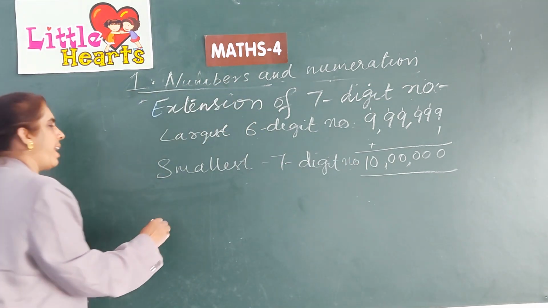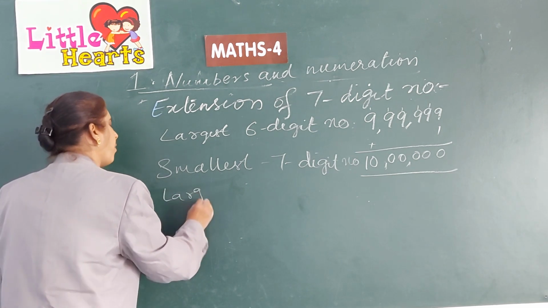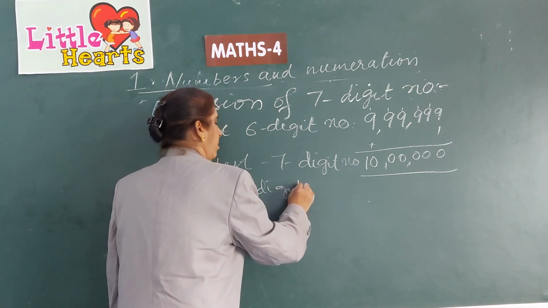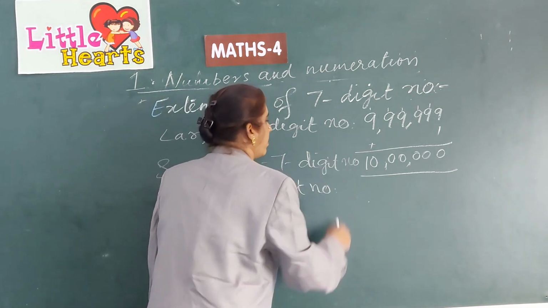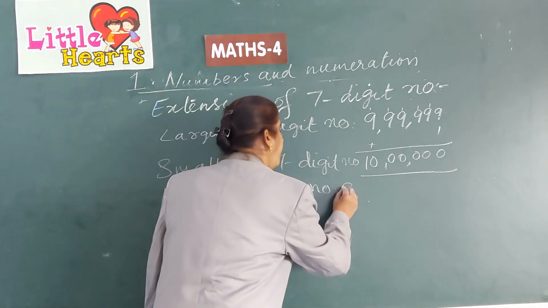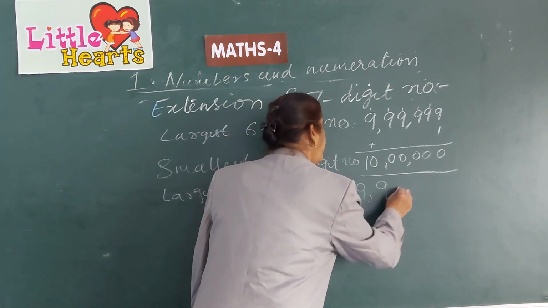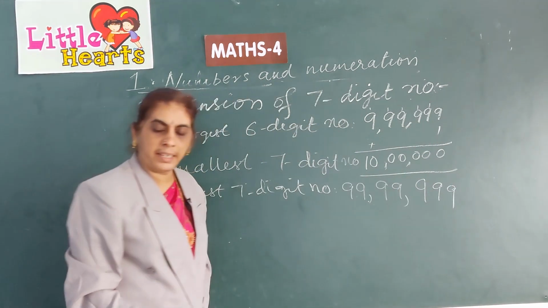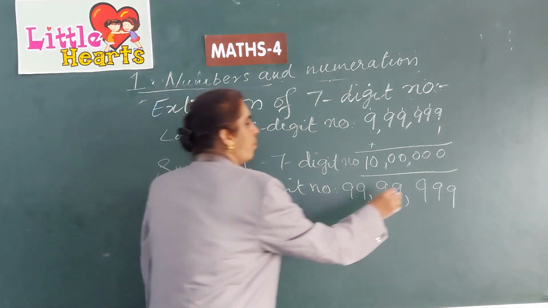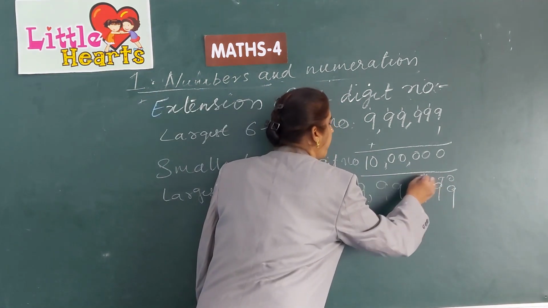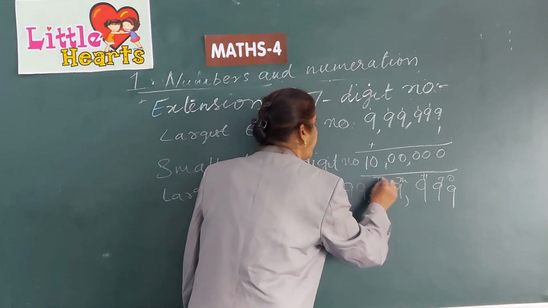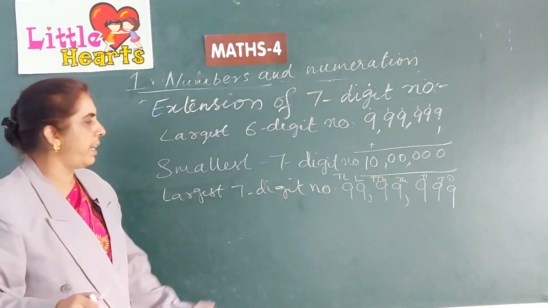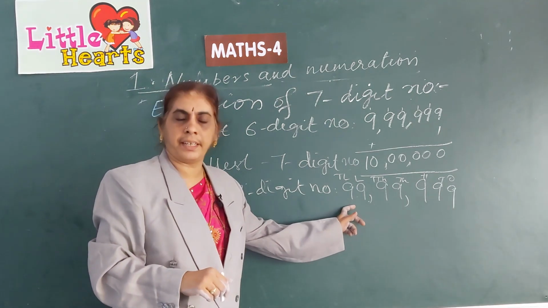What is the largest 7-digit number in the same way? That is 99,99,999. Ones, tens, hundreds, thousands, 10,000s, lakhs, 10 lakhs. It has 7 digits.